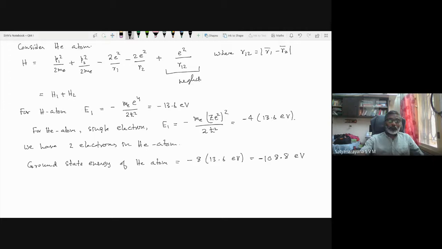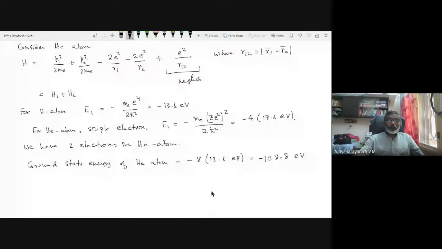That is what will be the ground state energy of helium atom. But you can ask whether this is our theoretical estimate by neglecting the electron-electron interaction.